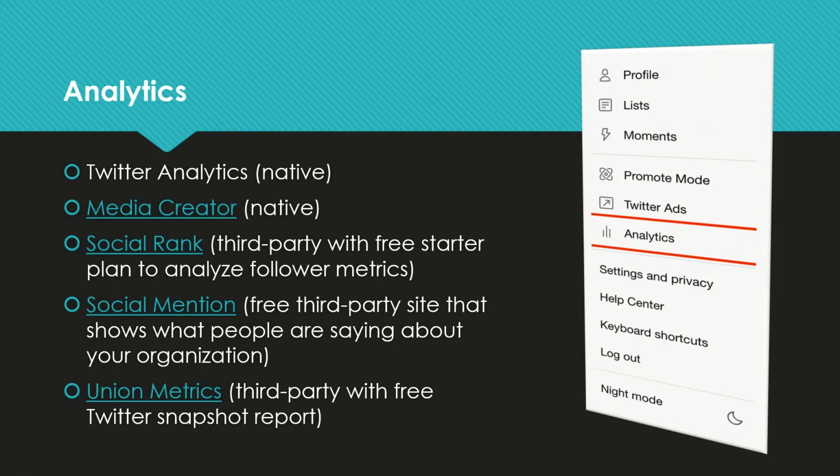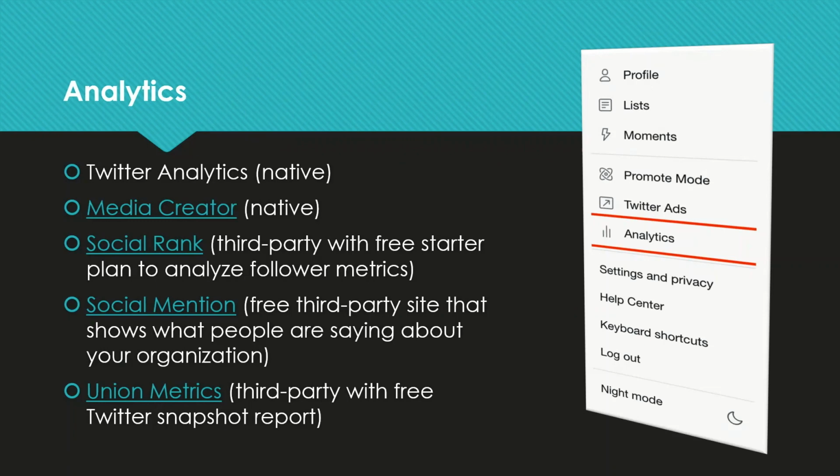And it's pretty thorough, but you might want some more information than it provides. So social rank, social mention, and union metrics are some third-party plans that have free versions of specific analytics.